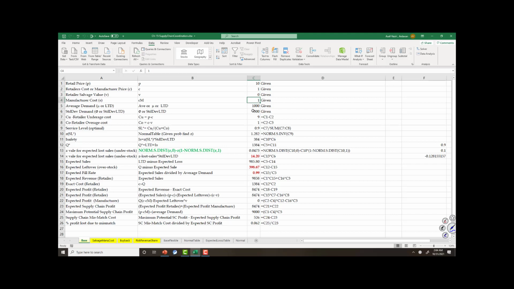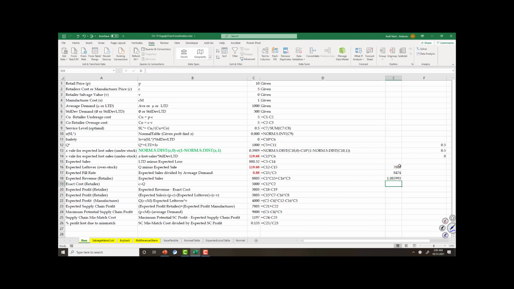Under this new situation, we have made 84.74. In the previous situation, we were making 78.03. How much improvement? This much divided by this much.